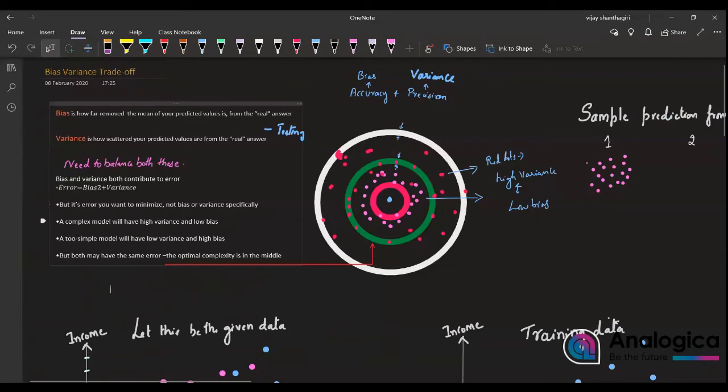Anyway, a complex model will have high variance and low bias. Yeah, I agree with that. You will be able to agree with this once you see the data. And a too simple model will have low variance and high bias. Yes, again, true.